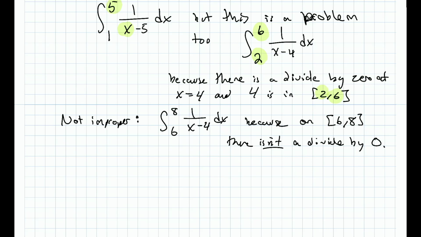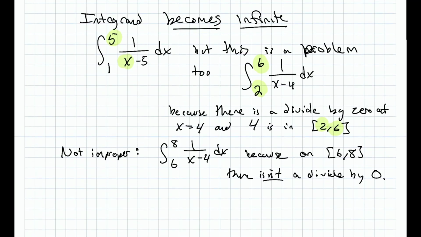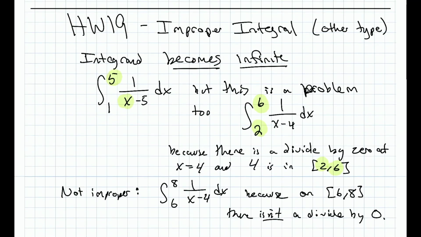All right, so you have to make sure you pay attention to, or at least think about, whether or not the problem is actually in your interval. Otherwise, it doesn't matter. So that's what they are. The divide by 0 is in the middle of the interval, basically, or on the edge.